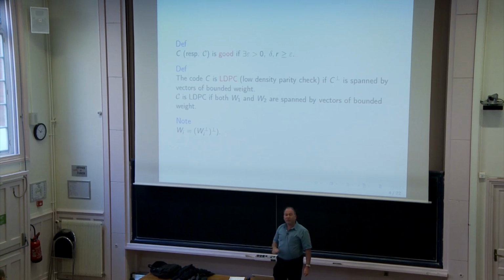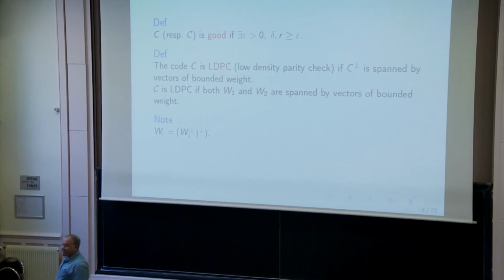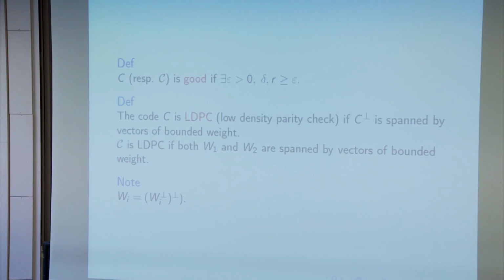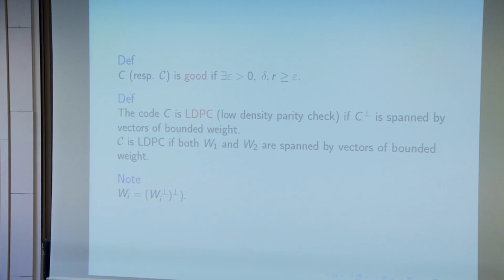Definition. This definition is for classical codes and for quantum codes. C is called a good code if... now, this is all if we talk about one code, but we are not engineers, we are mathematicians. So our n is going to infinity, and when we say code, we always mean an infinite family of codes.